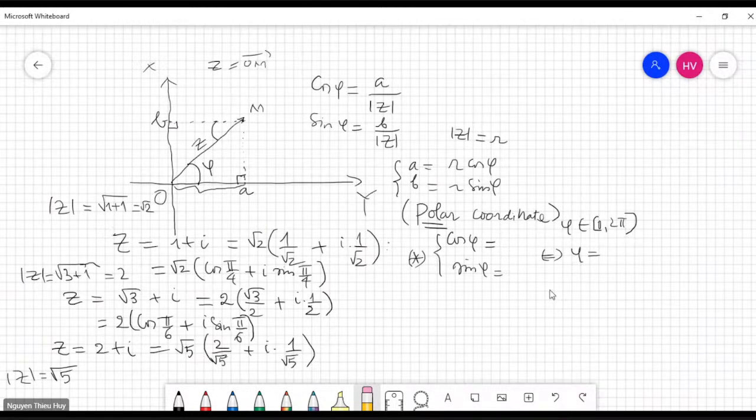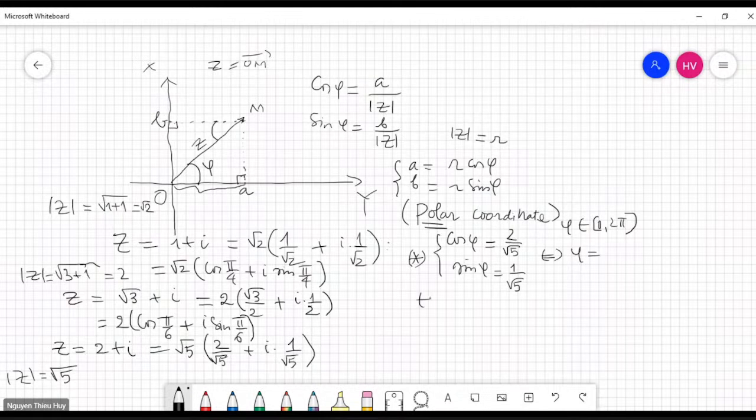right? So now cos phi equals 2 over square root of 5, and sine phi is 1 over square root of 5, right? What does it mean?